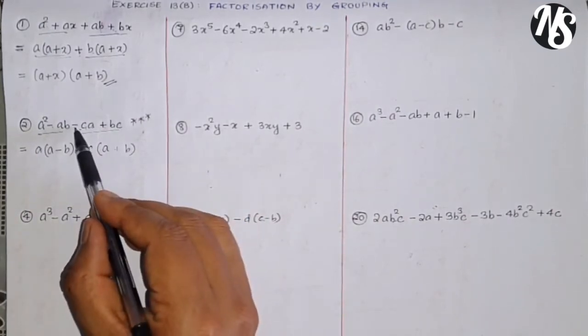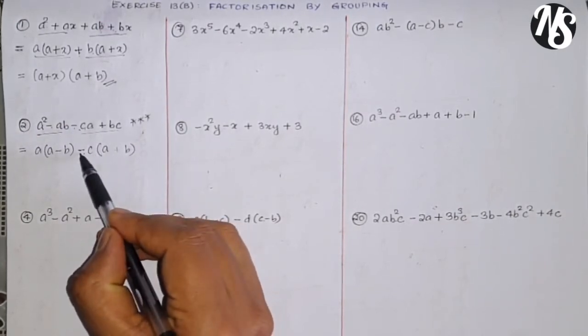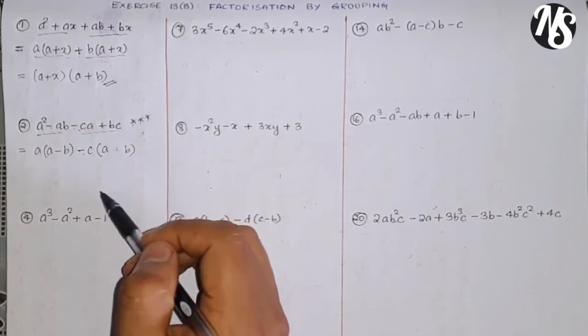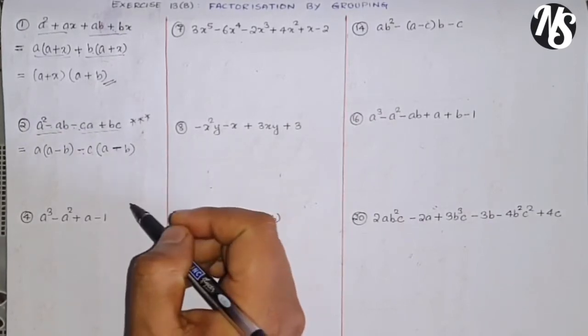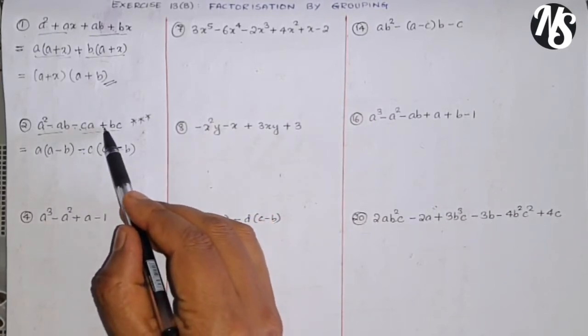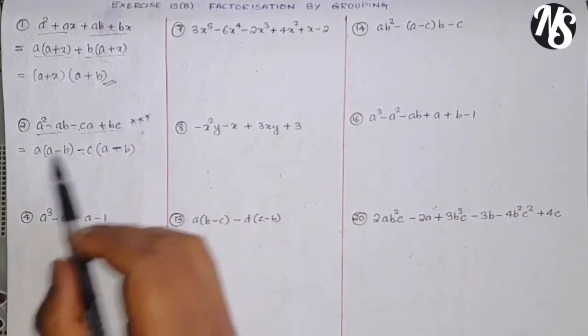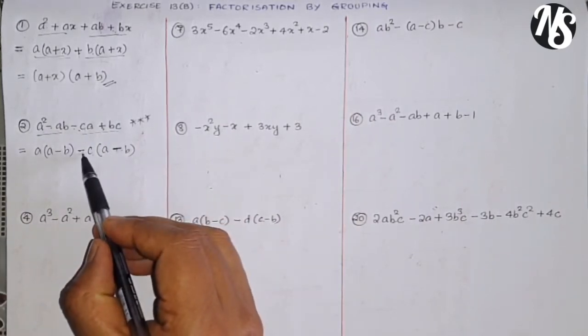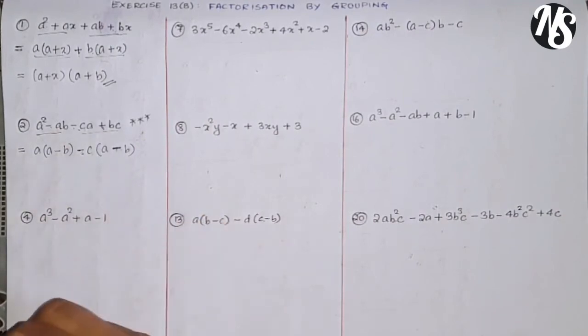So if there is minus sign in the common, then the sign will also change, so that means this plus becomes this time minus. Okay, because see, minus into minus becomes plus, isn't it? So when you open the bracket, you should get plus here. Okay, so remember, whenever there is minus sign in the common, then the inner sign will change.